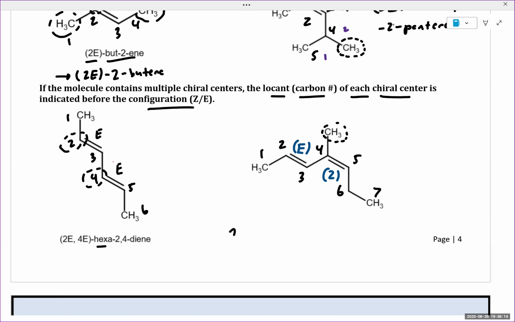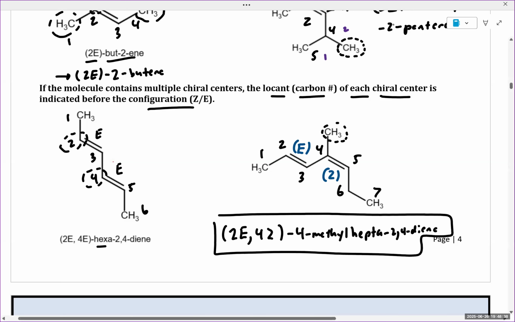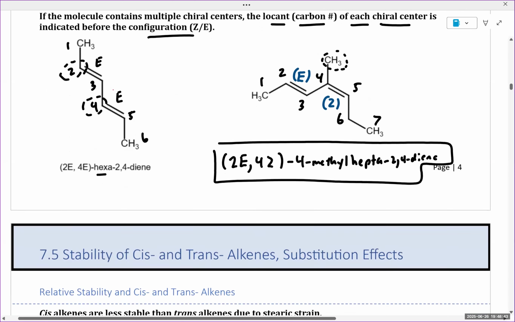So we name this as (2E,4Z)-4-methyl, and then 7 is hept, so it would be hepta-2,4-diene. Perfect. So we discussed all the naming conventions for alkenes.